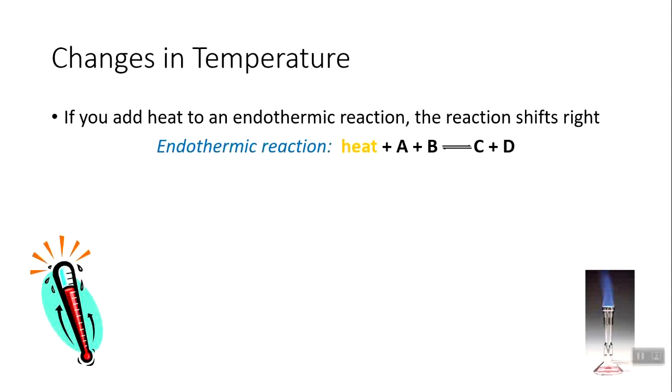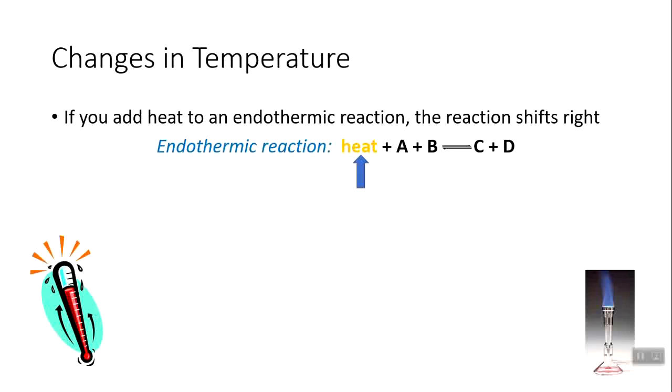So if you add heat to an endothermic reaction, the reaction shifts to the right. You're going to treat heat as if it is a substance. In this case, I'm going to treat heat like it is a reactant. So if I increase the heat, think of it again as too much on the left side, on the reactant side.